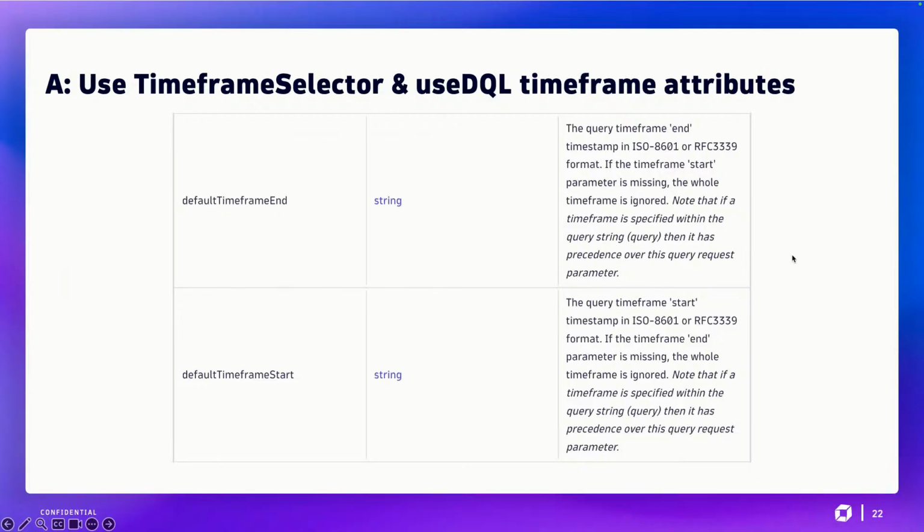So here's a snippet of the documentation that explains that the timeframe start and end can be used if there's no timeframe in the query string itself. Otherwise, if there's a timeframe in the query string, it would override the default timeframe. But I would recommend solving that case using the default timeframe start and timeframe end.